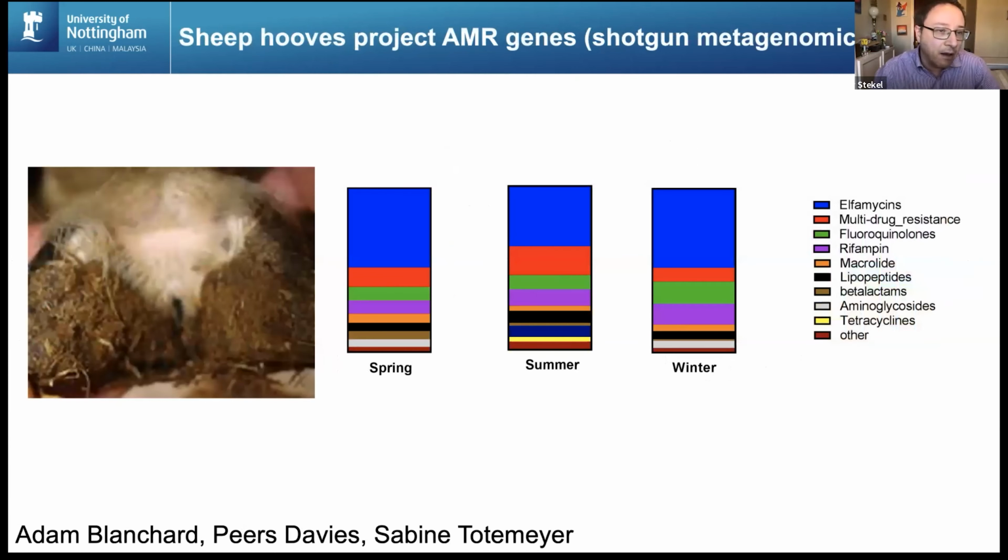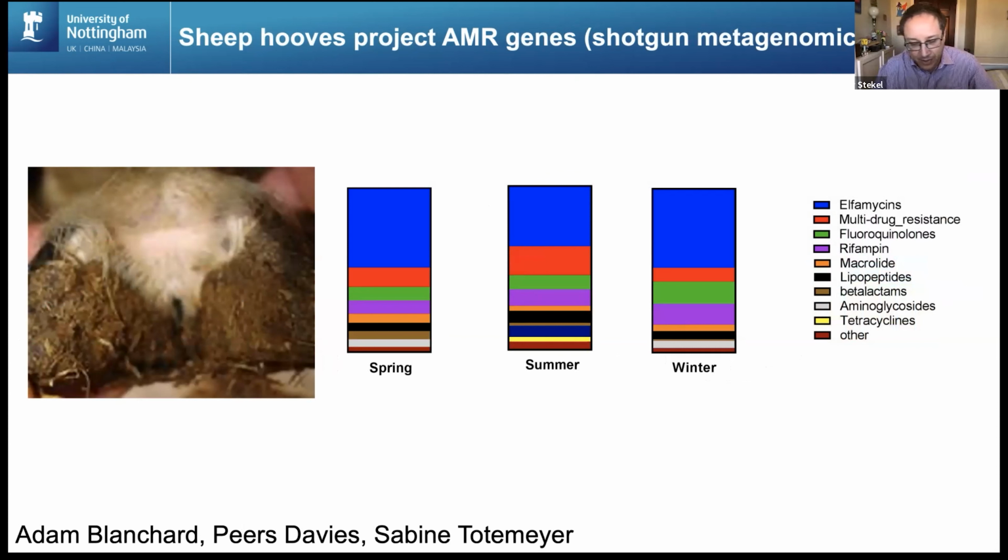So at the time, we had some other collaborators over in our vet schools, such as Adam Blanchard and Piers Davis and Sabina Turtemeyer, and they were doing something similar. They had some data on sheep hooves. They got a very small project.